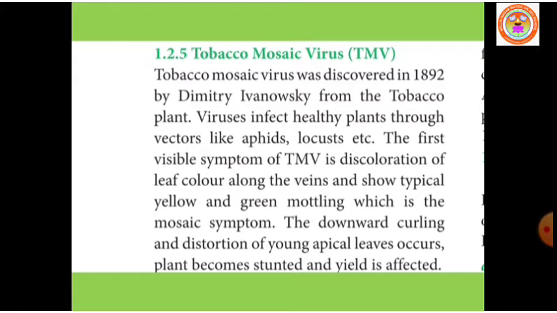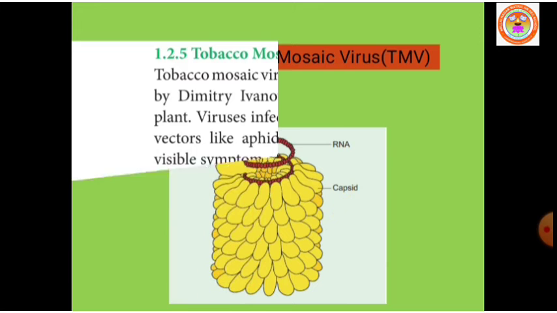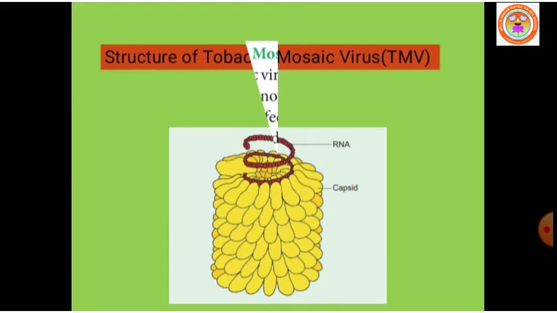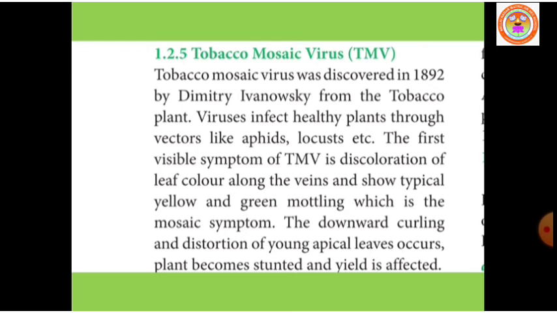Discoloration of the leaf along with the veins shows typical yellow-green mottling like a mosaic pattern. Next symptom, downward curling of the leaf. This is the tobacco mosaic virus you are seeing. Curling and distortion of young apical leaves, the plant becomes stunted, that means reduced growth. Due to that, the yield will be affected.